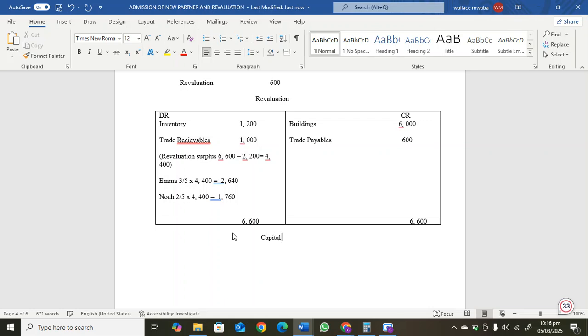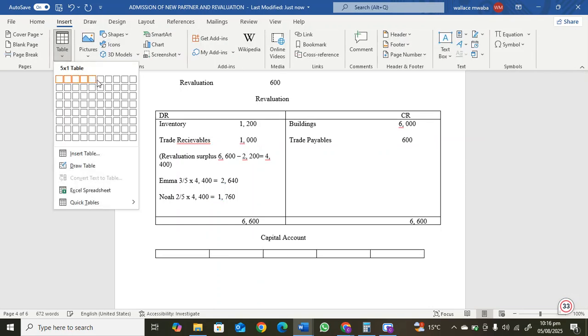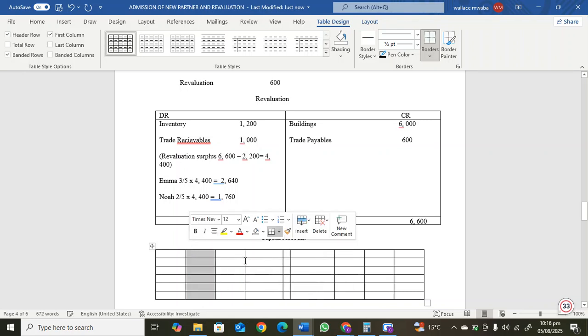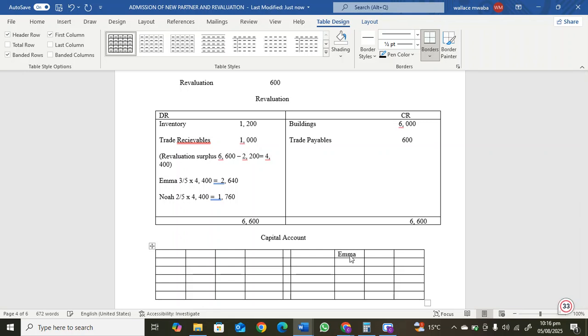And finally, the capital account. Here on the credit side, we've got Emma, Noah, and Liam.